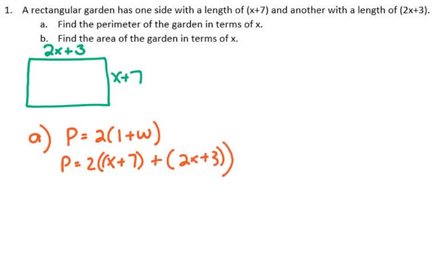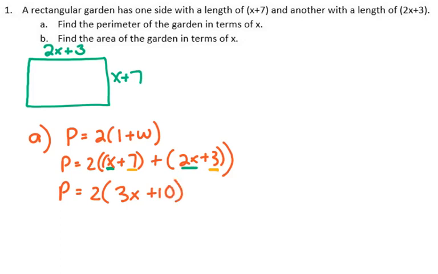Now from here, I will be adding my polynomials. I'll be combining my like terms of my x and 2x and my constants 7 and 3. So I get my perimeter is equal to 2 times 3x plus 10.